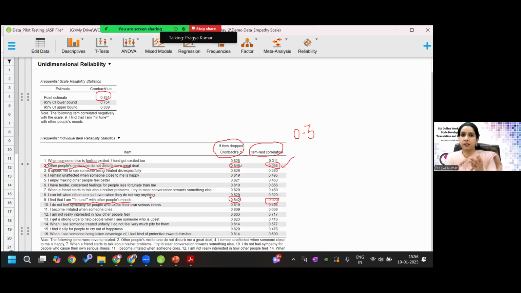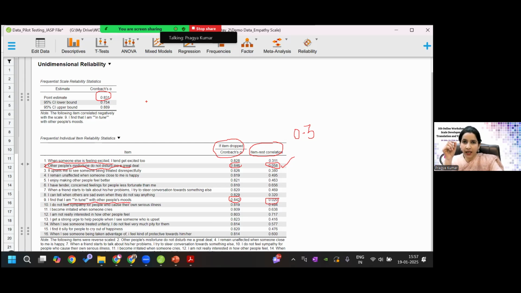Remember, we discussed that in pilot testing, we do the content validity and reliability. So this we are doing before we administer the final version of the scale. So there we don't analyze these items to a greater extent. Why? Because if my overall reliability is okay, 0.83, then I will go with the scale as such. Probably with the larger sample, I may decide which item to drop and which item to retain.